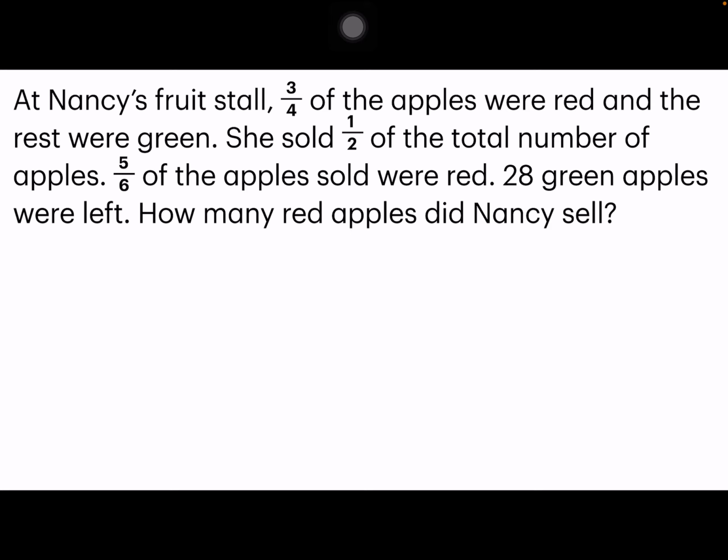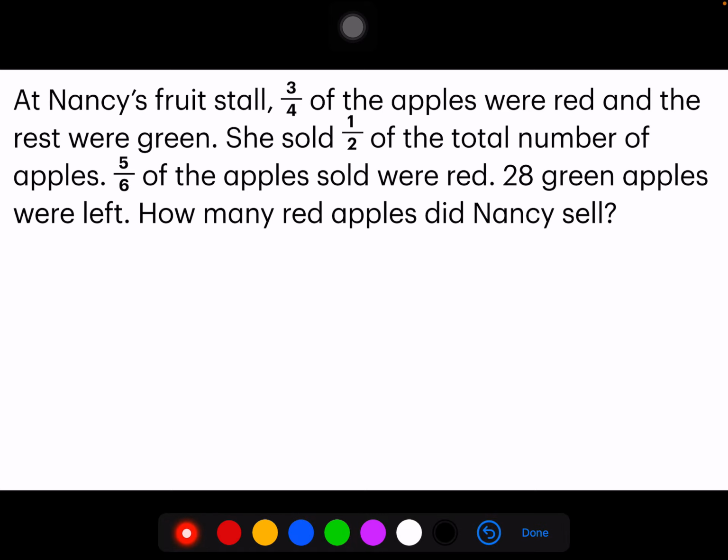Well, we can also tackle this question using ratio. So for the first part, I am going to write down red and green and total, which in this case is 3/4 of the apples were red. That gives me 1 unit of green, and total I have 4 units.